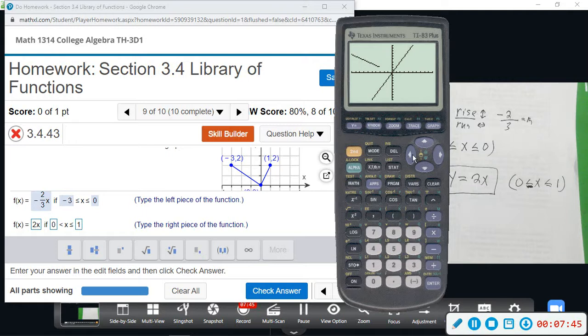Okay, so it goes above 3. So let me go back and do that again. Y equal. So whenever you have a compound, we have to do both of them differently. So let me show you how that works. So we're going to do negative 3.